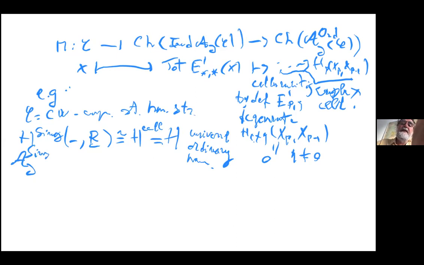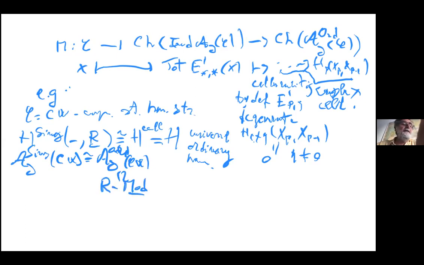We are seeing that the universal category for CW complexes is equivalent to the ordinary one, which is clearly the category of R-modules.